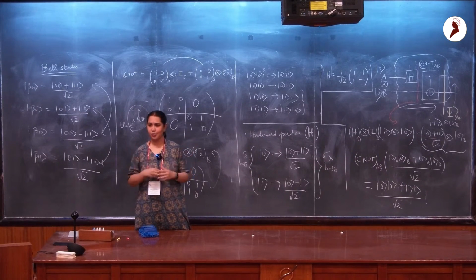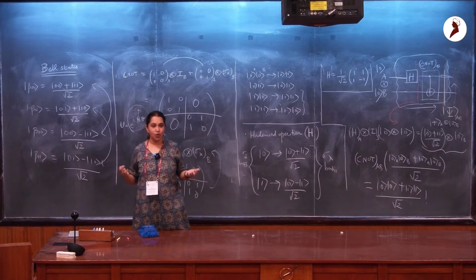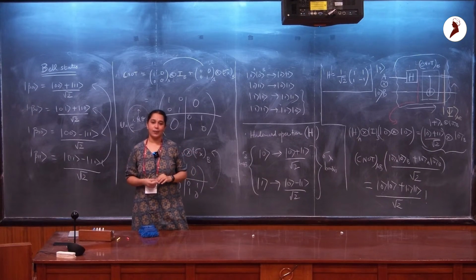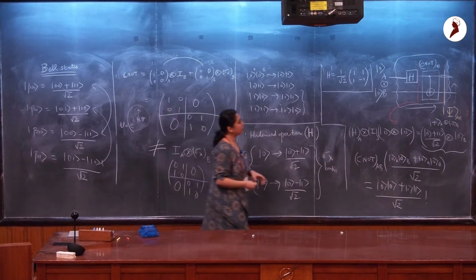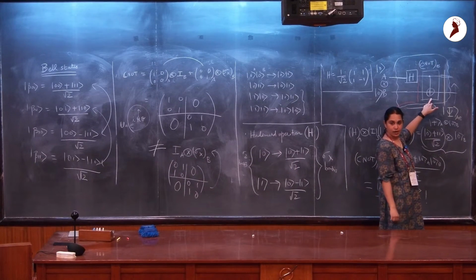Quantum supremacy, quantum advantage, yes? No? So all these experiments which claim to show quantum advantage or quantum supremacy in some way, they rely on these kind of non-local or entangling unitaries.